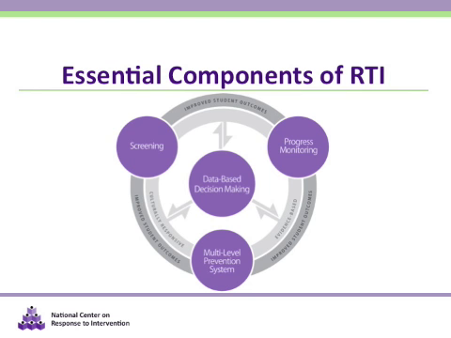If you look to the far left, you see screening. To the far right, progress monitoring, and obviously at the bottom, the multi-level prevention system. The 3 outer components require and are necessary parts of data-based decision-making, which is why the arrows travel in both directions. If these components are in place, but data-based decision-making is absent, then RTI is technically not being implemented.